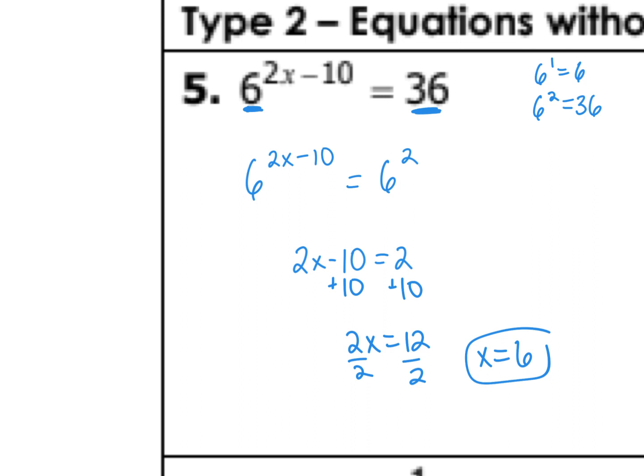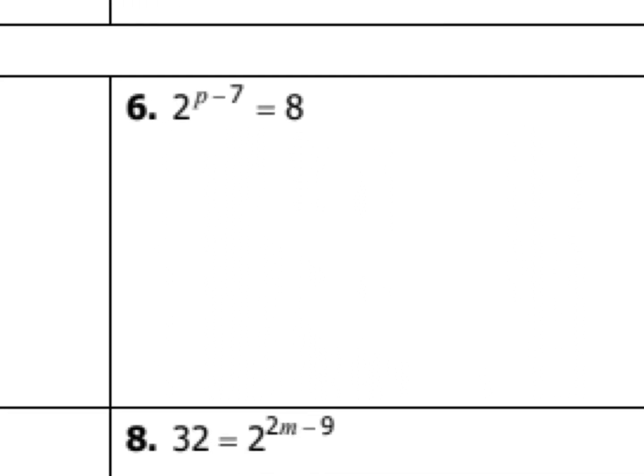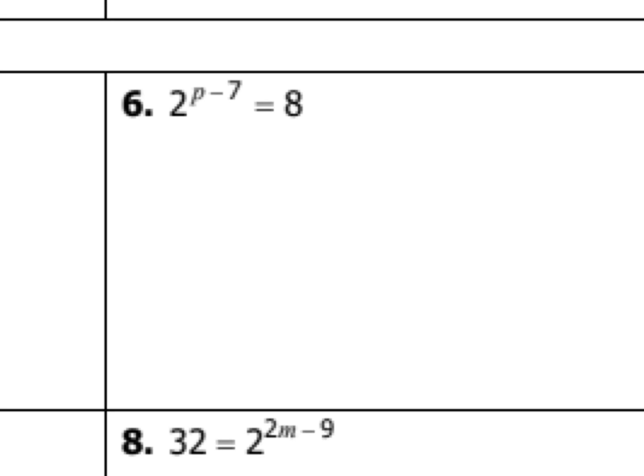So I want you to go try number 6. Okay, what'd you do? So we looked at those bases, 2 and 8, and 2 is the smaller one, right? So you went and probably wrote out your powers of 2, or maybe you just knew them in your heart. 2 squared is 4, and then 2 cubed is 8, and I don't need to go any further.